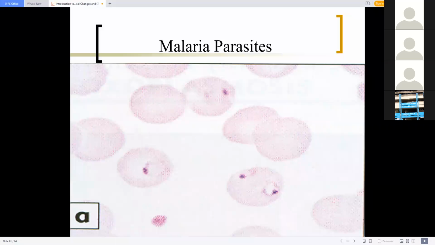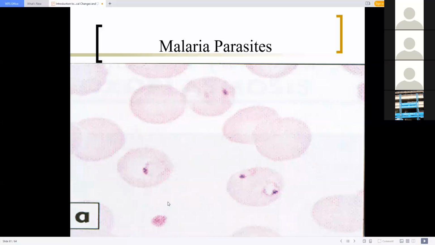But in practice now, we have many other methods of detecting malaria parasites. You have some automated methods that are used to detect malaria parasites, for example the QBC, and we have the Parasite F machines that are automated for looking at malaria parasites, but the peripheral blood film remains the standard.